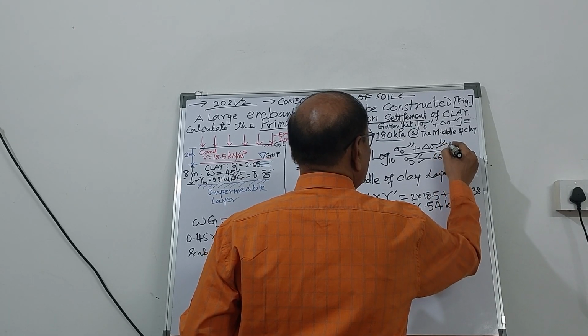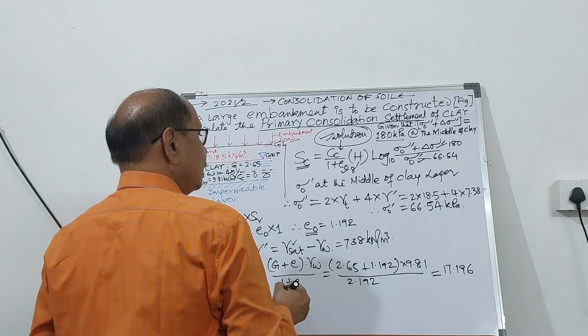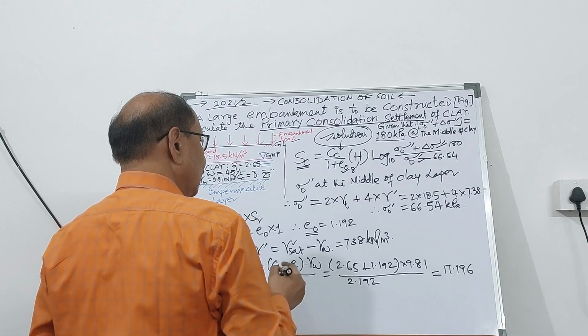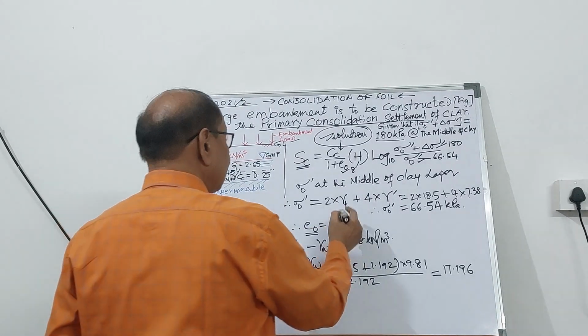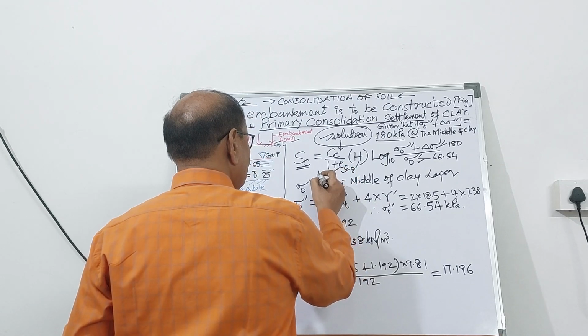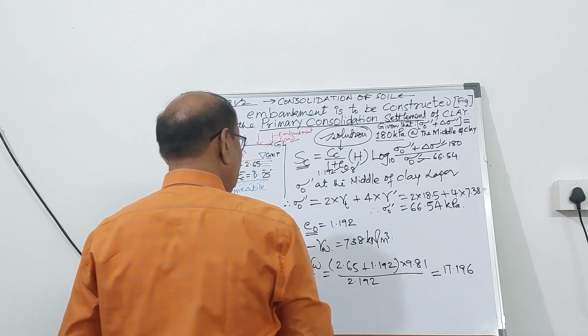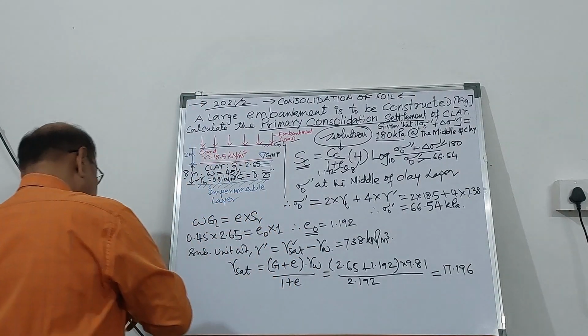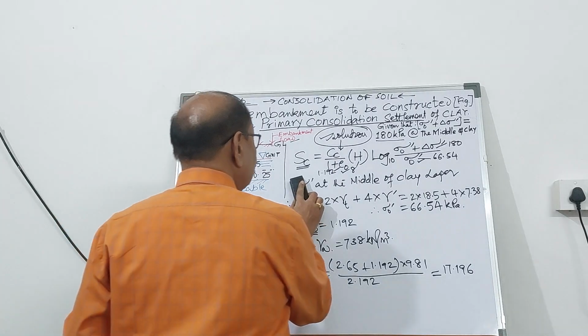This is already known to you, given in the problem as 180 kilopascal. And e naught is also known to you. You have calculated e naught as 1.192. So, if you substitute and calculate, you will be able to get the value of Sc.